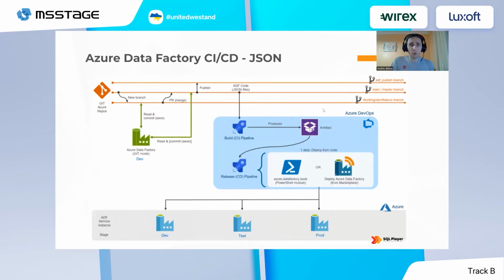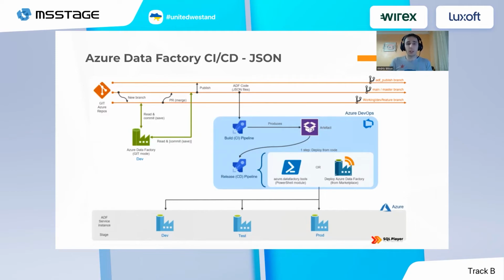So there is another approach called the JSON approach, and this is not officially supported by Microsoft. But what I can say is the development phase is pretty much the same. So developers are making changes directly in the Azure Data Factory UI.